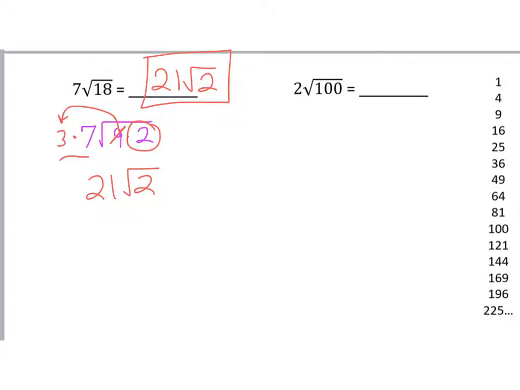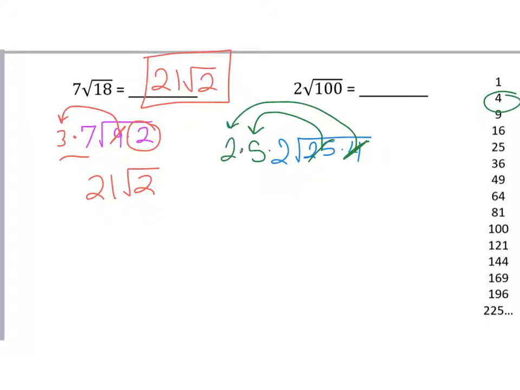Okay? 2 square roots of 100. 50 is not in my list. 25, so 2 square roots of 25 times what? 4. So when I do that, the 25 comes out as a what? 5, so 5 times, but wait. The 4 is over here. It's a perfect square. What does it come out as?